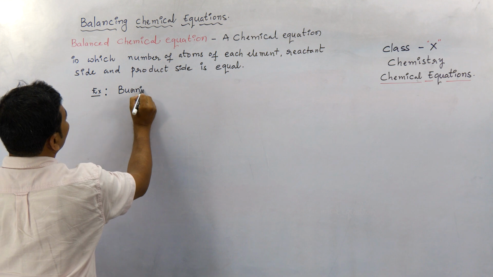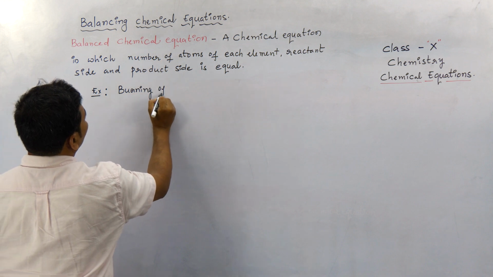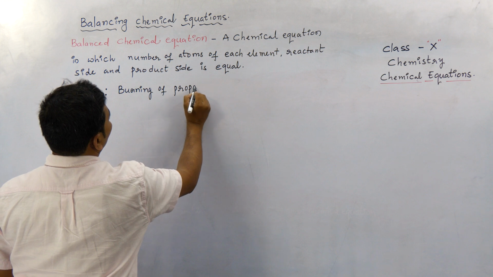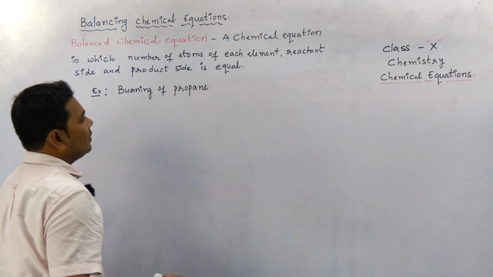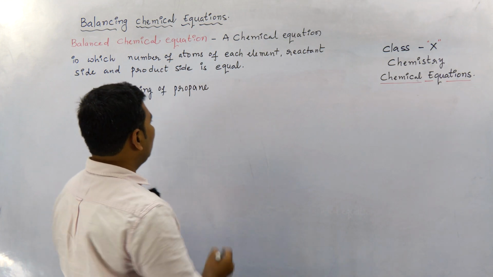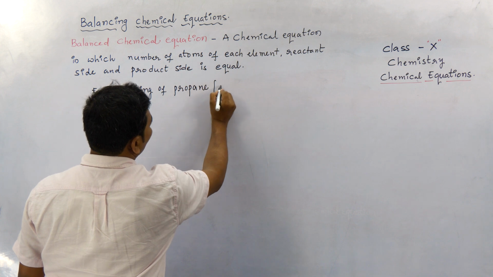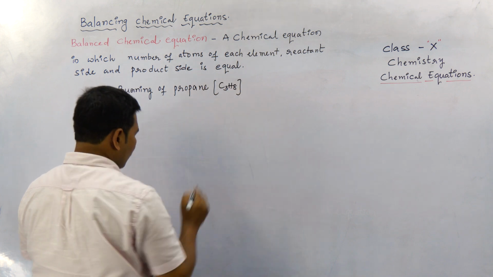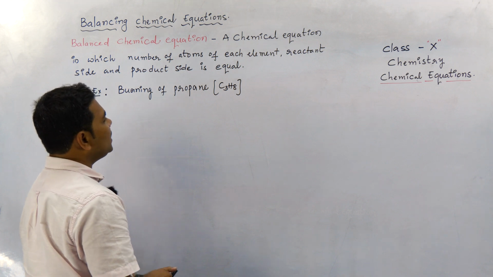Example 2 is burning of a gas called propane. This propane chemical formula is C3H8. What is propane? Where do we see propane?